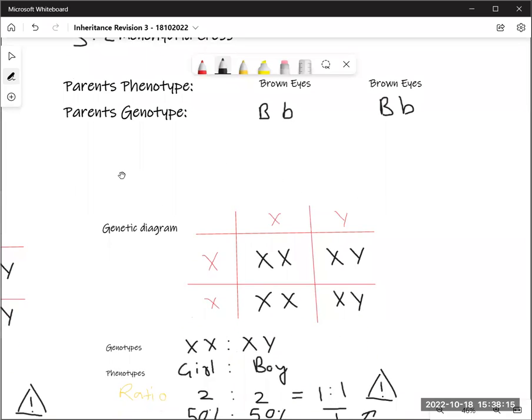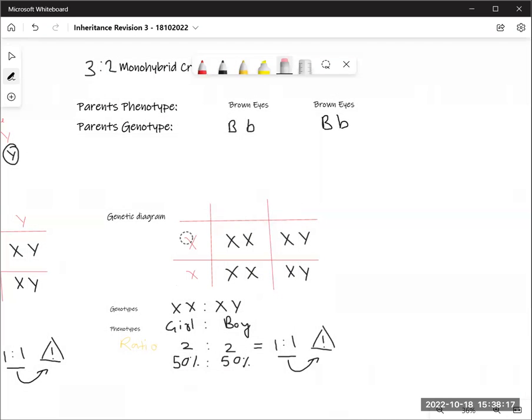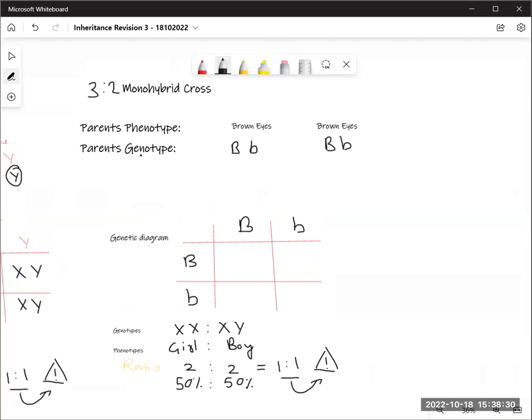Fine. Now let's do a cross between these. Instead of XY, we now have capital B and small b. Now, Luna, do you know what capital B means? Yes, it means dominance. Dominant. Now, if you're getting brown eyes, let's write the gametes here, or instead of gametes, you write alleles. Same thing.